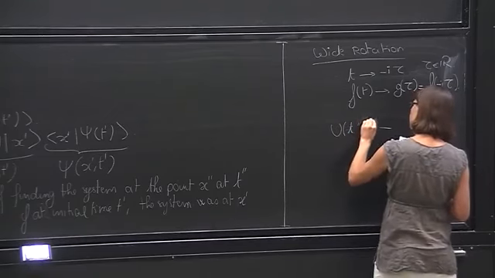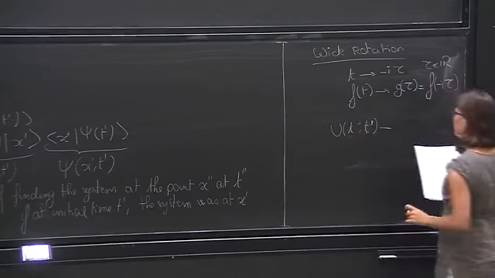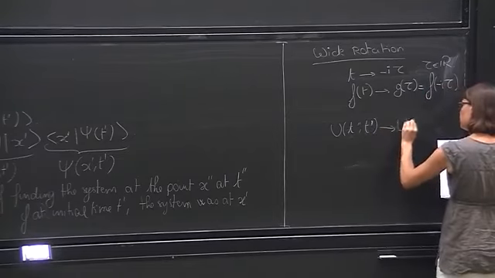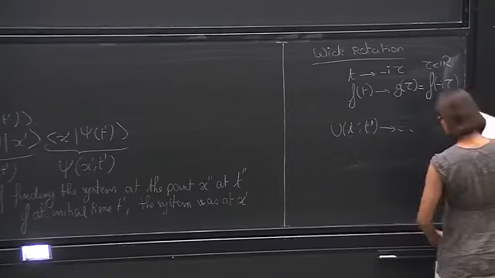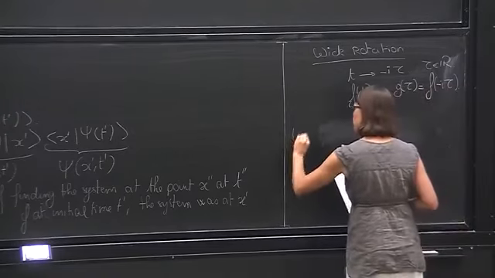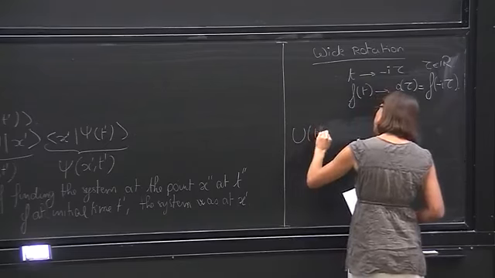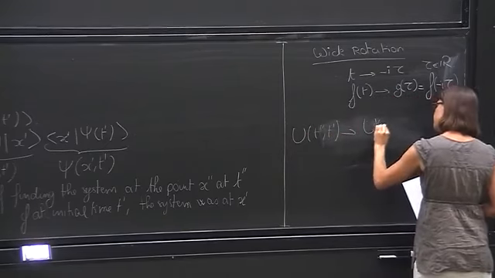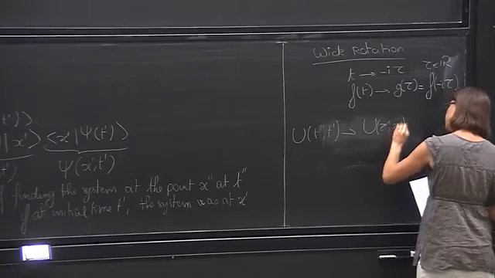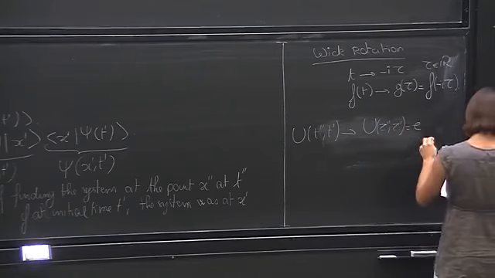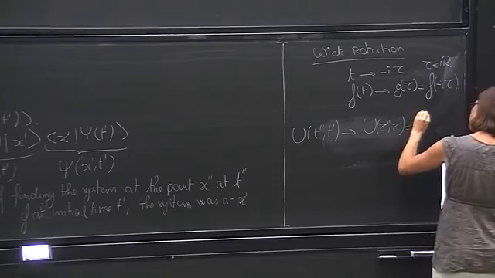In particular, we're going to work first with a time-independent Hamiltonian. So if I apply this, it's going to be an exponential of minus 1 over h bar.